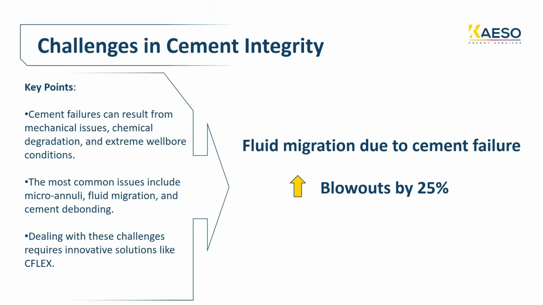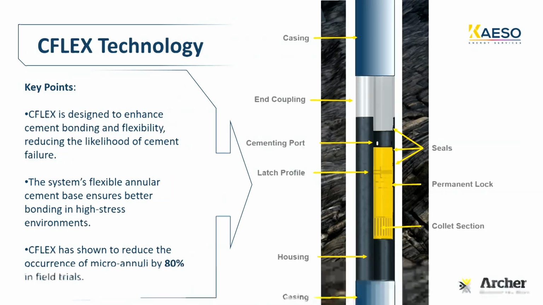Well, this tool exists, and this tool can prevent, for example, fluid migrations that can lead to a 25% increase of blowout probabilities. And this tool is called the CFLEX.